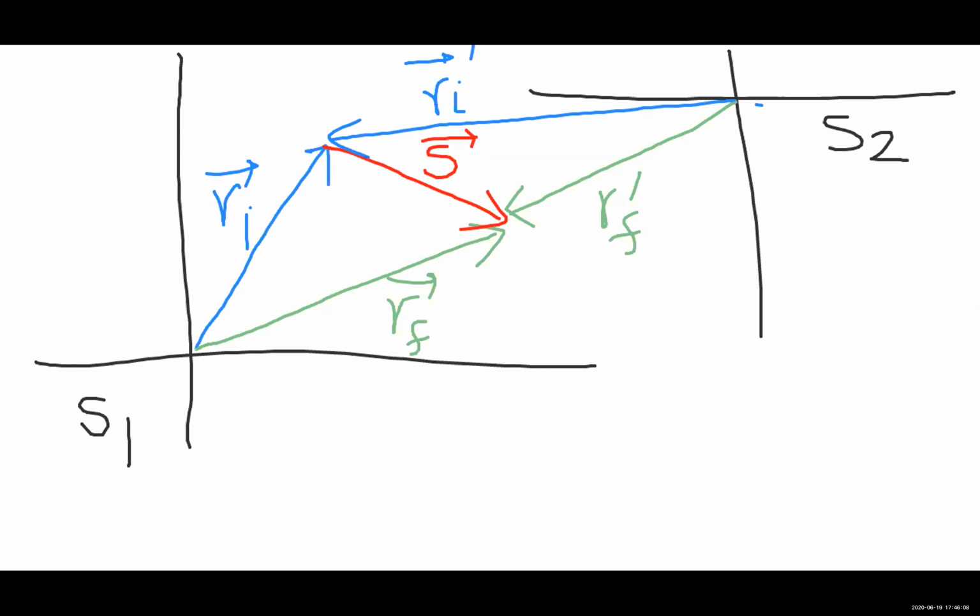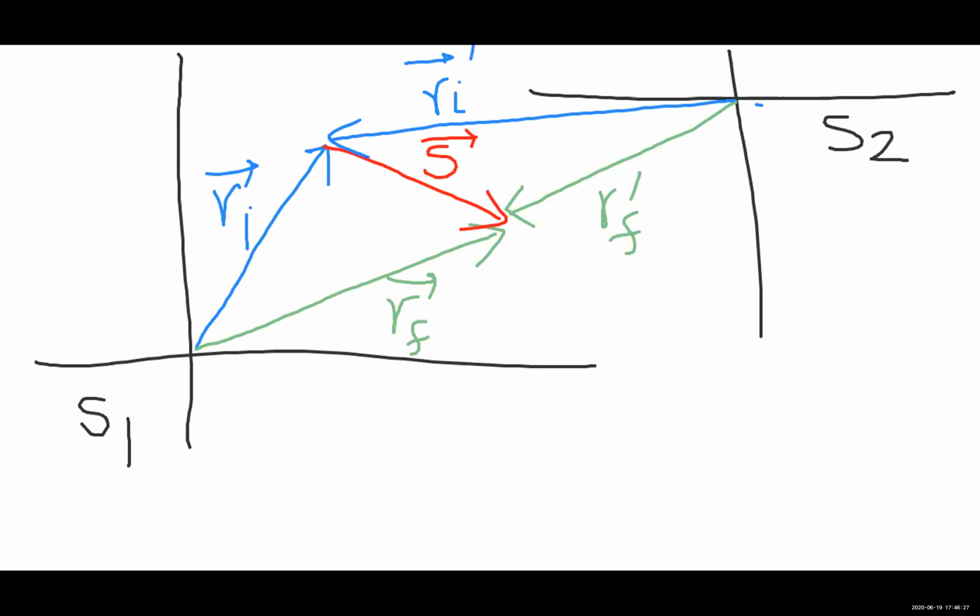The displacement vector would be different from two different frames of reference if they are moving with respect to each other. But for the moment, we are not really considering that. We are simply considering frames of reference which are stationary with respect to each other. Right?